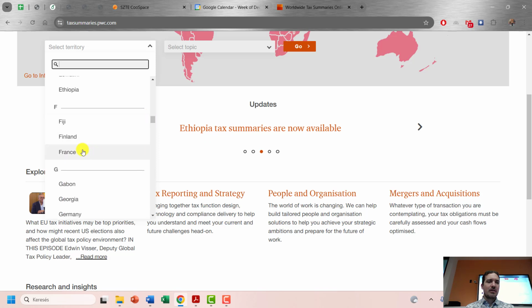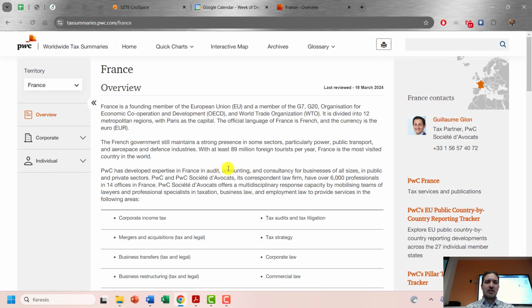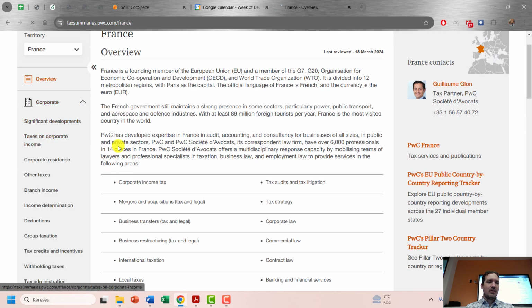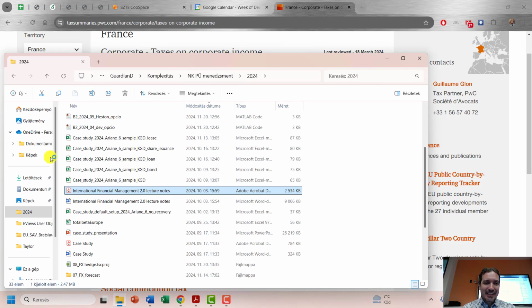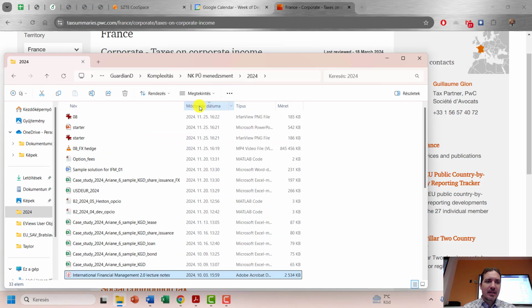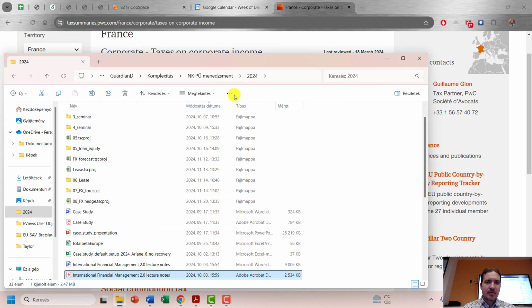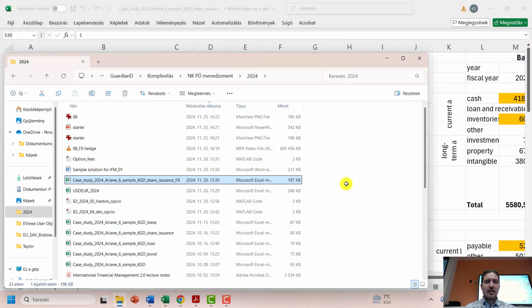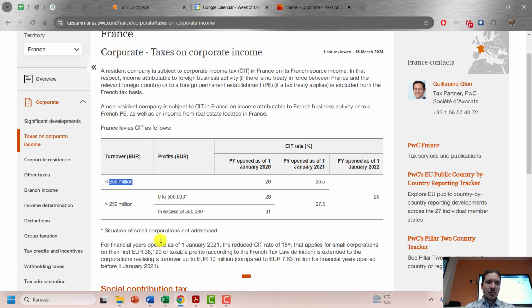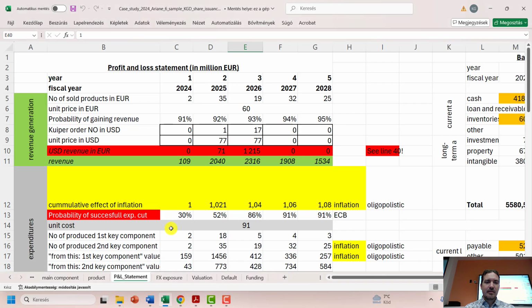If we go for France, then we can see, in terms of turnover, where are we? The threshold is 250 million. Yes, we are above, so we have to pay the highest rate.